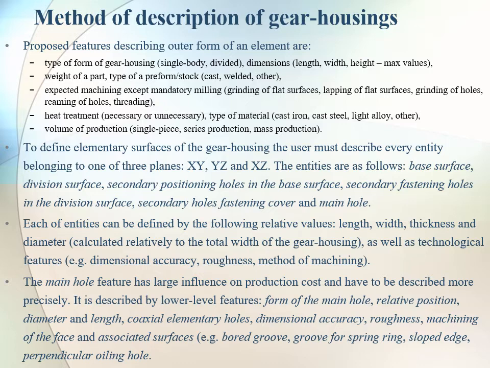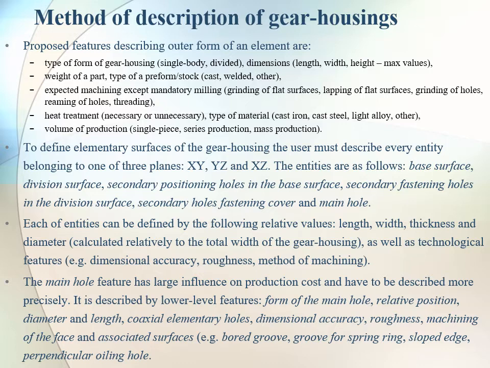And then we have elementary surfaces that can belong to 3 main planes, and to each plane we can attach some entities like base surfaces, diffusion surfaces, secondary positioning hole, and others, and the most important, the main hole. Each of these entities can be defined by some relative values and some next technological features.